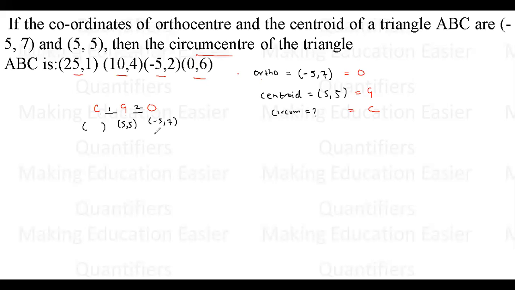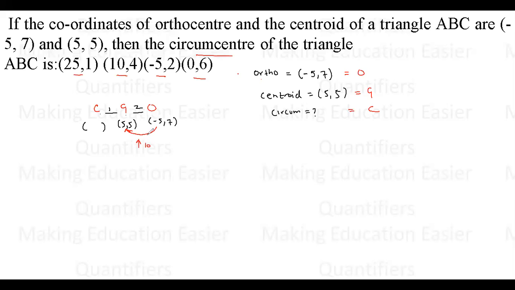See students, if we just look at the x coordinate, you can see from minus 5 to 5, what is the difference? You can see from minus 5 to 5, there is an increase of 10, right? I'm talking about x coordinate. There is increase of 10.